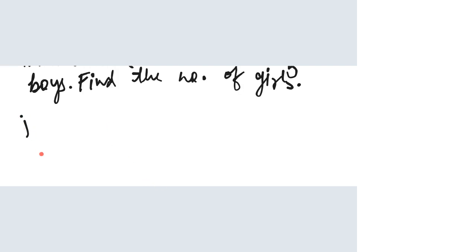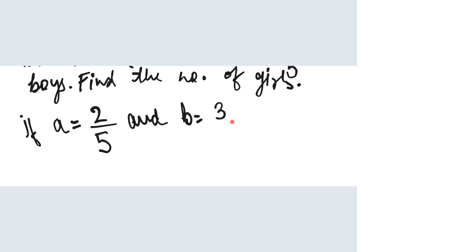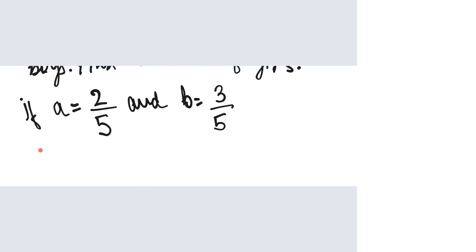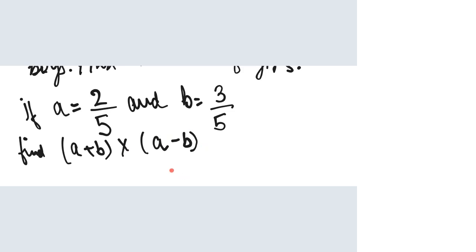So if A is equal to 2 by 5 and B is equal to 3 by 5, you have to find A plus B multiplied by A minus B. Make it in steps. Now calculate. Find A plus B, find A minus B, and then multiply both of the answers. Okay, ma'am.